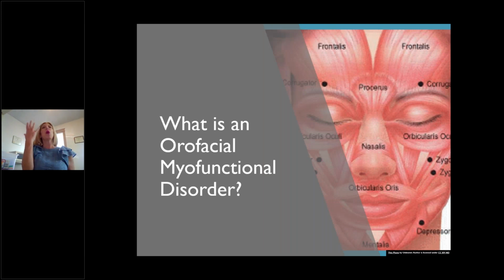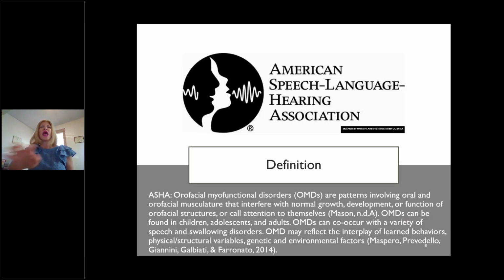So let's get started. What is an orofacial myofunctional disorder? The American Speech-Language-Hearing Association defines an OMD as patterns involving oral and orofacial musculature that interfere with the normal growth, development, and function of the orofacial structures or call attention to themselves.